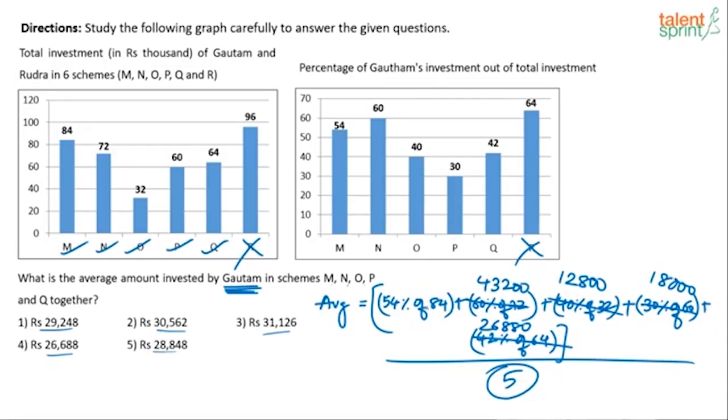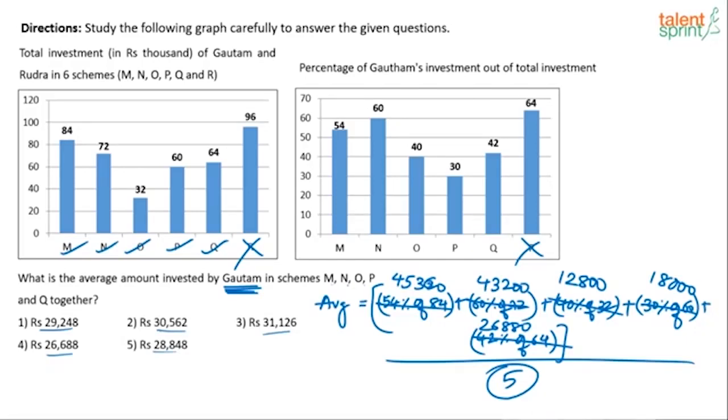54% of 84,000. 50% is 42,000. 4%: 1% is 840. 840 into 4 will be 3,360. 4% of 84,000, 1% is 840, 4% will be 3,200 plus 160, 3,360.